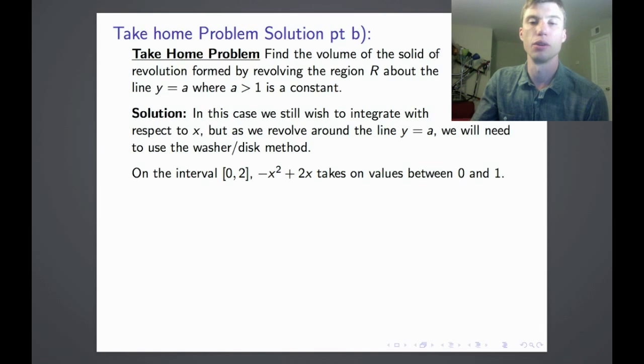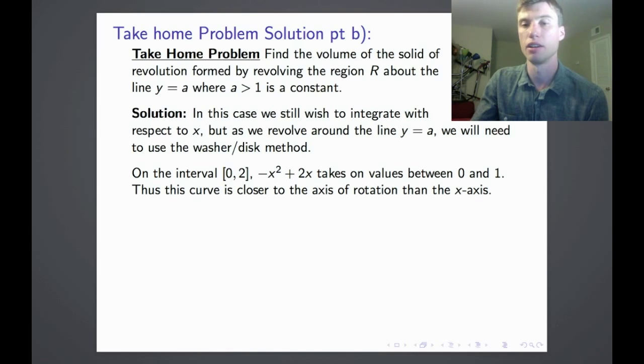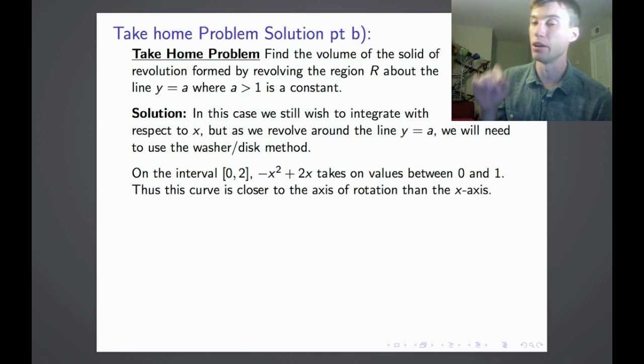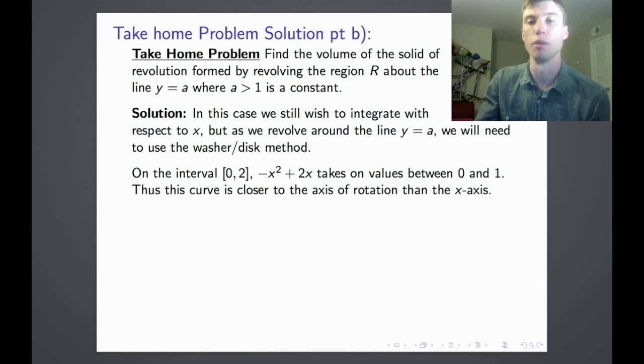On the interval in question, our function takes on values between 0 and 1. This is important because the line we're rotating about is always above this graph. So the curve is closer to the axis of rotation than the x-axis. So this will be forming the inner radius, while the x-axis forms the outer radius.